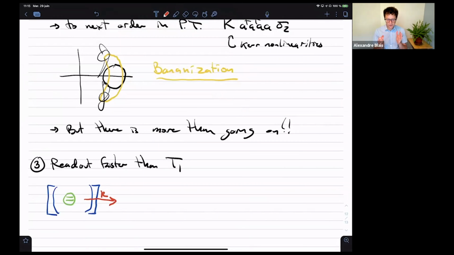So in the first circuit QED experiments, or at least when it was realized that the readout was too long, people started to lower the Q of their readout cavity. They started to increase their kappa, and that led to problems. And I don't know if someone can understand intuitively what the problem should be here.